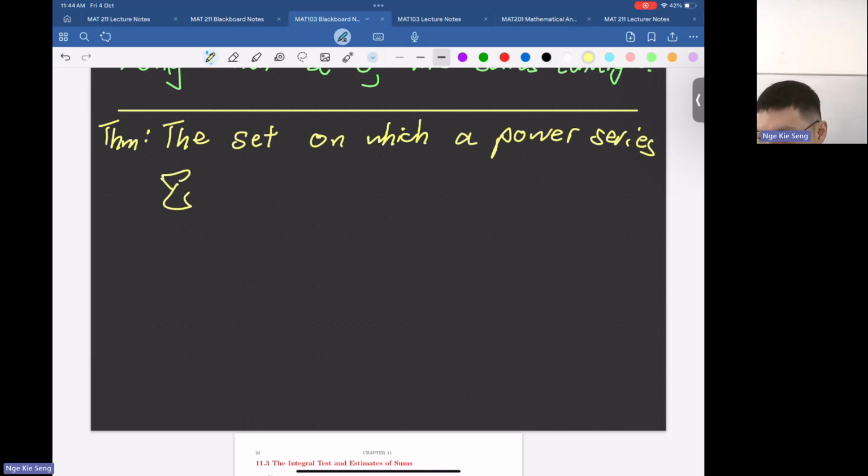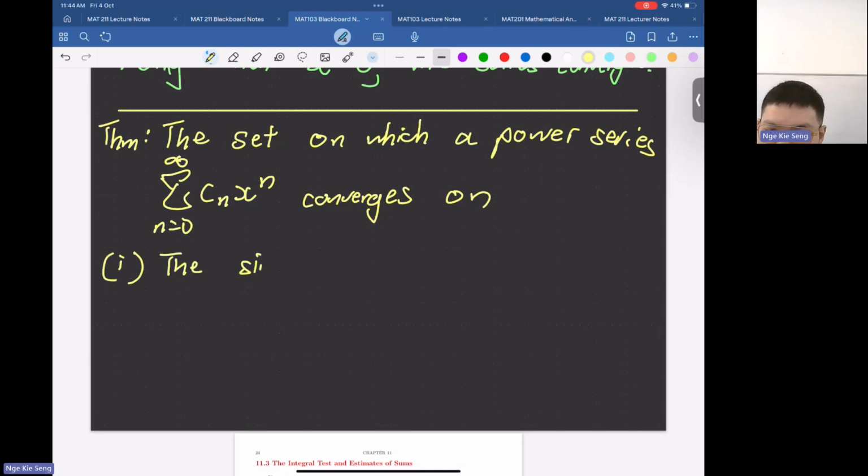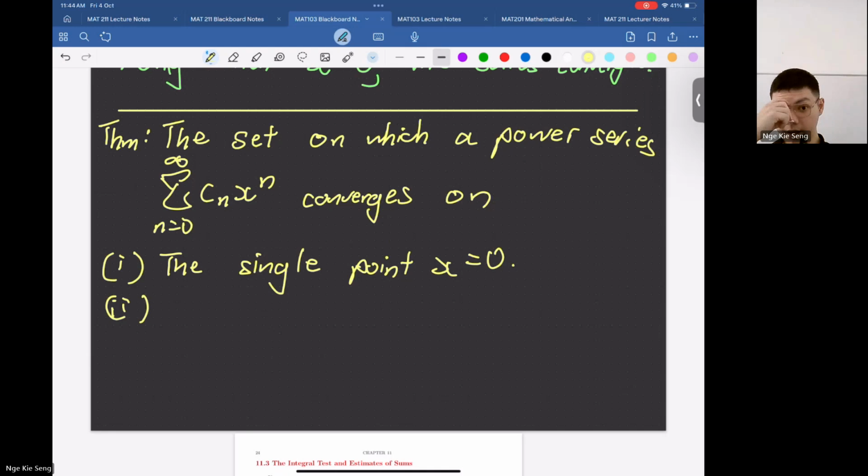This power series is the sum of Cn times x to the n, n equals 0 to infinity. There are only three types of convergence here. The first type is a single point, which is exactly the origin. This origin is very interesting. Remember just now we defined the power series about x equals 0, so they are related. Either it converges only at the point x equals 0, or it converges on an interval.